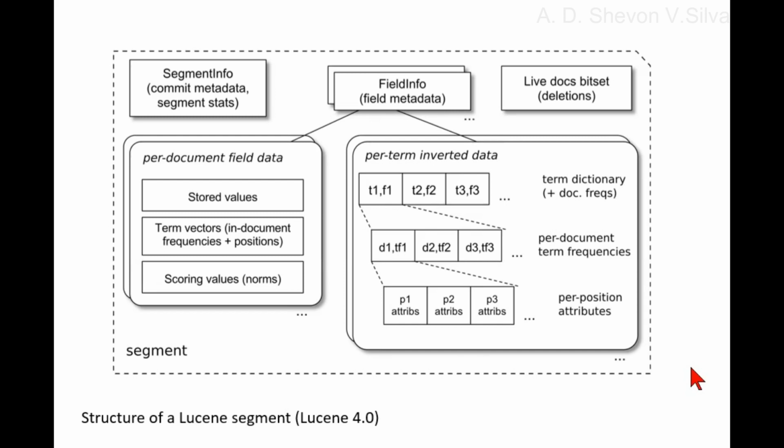Fields have a name and content data, a float weight used for scoring, and other attributes depending on the type, which together determine how the content is processed and represented in the index. There can be multiple fields with the same name in a document, in which case they will be processed sequentially.